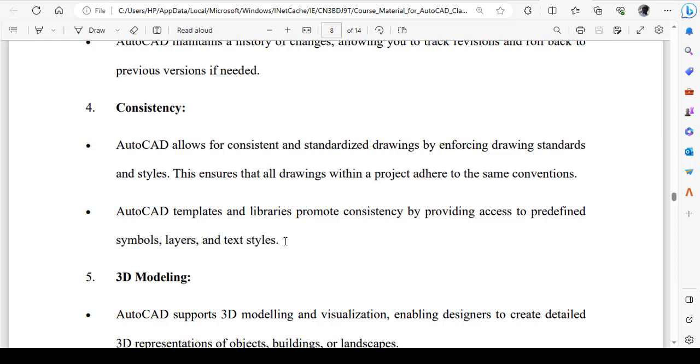With AutoCAD, you can easily duplicate a lot of objects in certain layers or in certain space, in a certain style. But with manual drawings, you have to draw them all over again. So there's consistency and ease with AutoCAD.